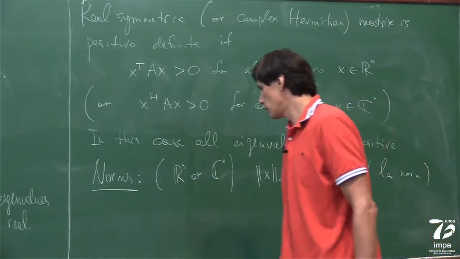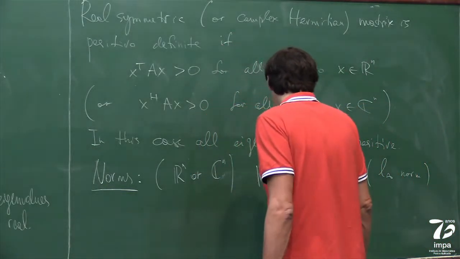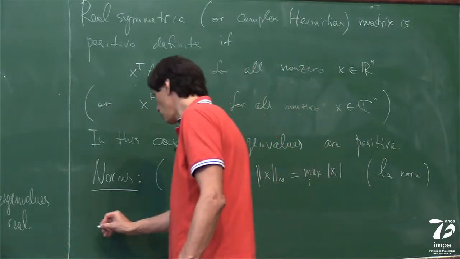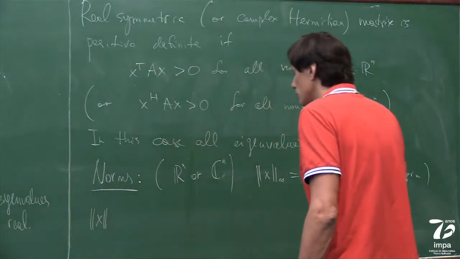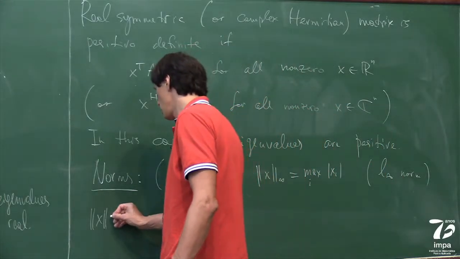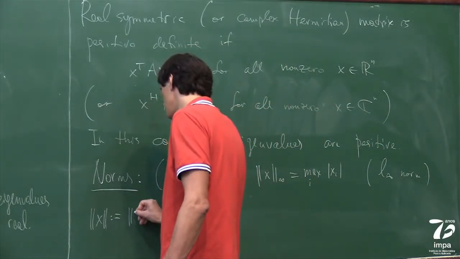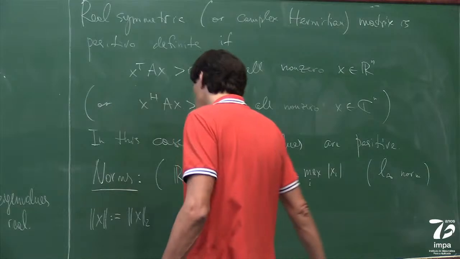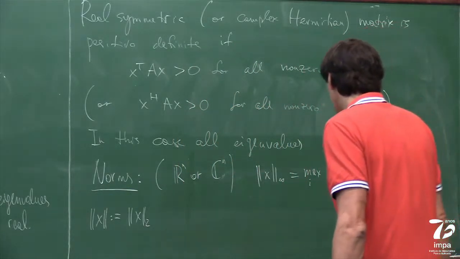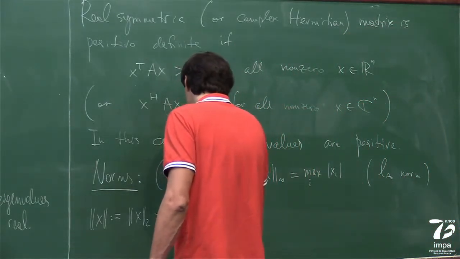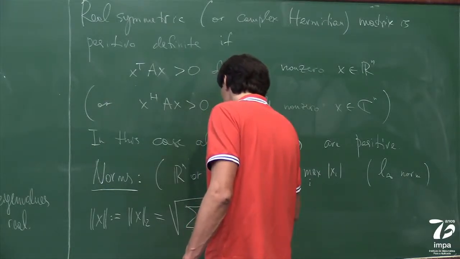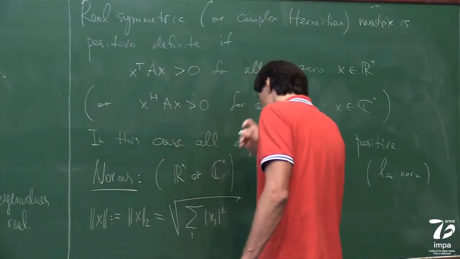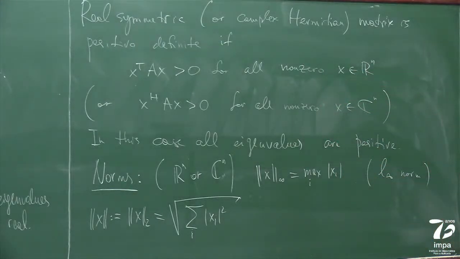And then we usually have the Euclidean norm. Usually we write it just as the norm, so this means the x2 norm, and this is the square root of the sum of squares. So it's just the usual distance in Euclidean space.